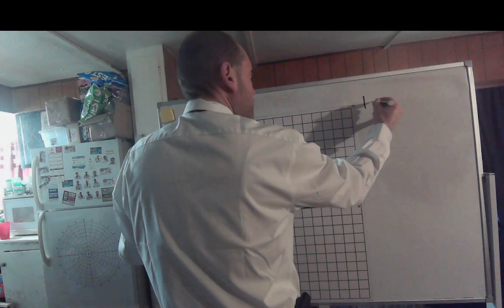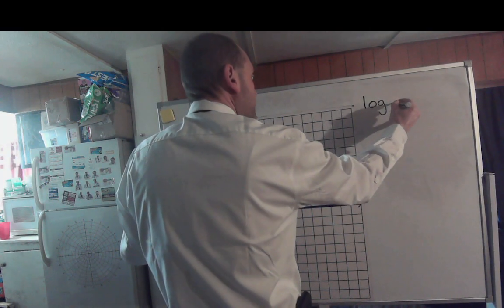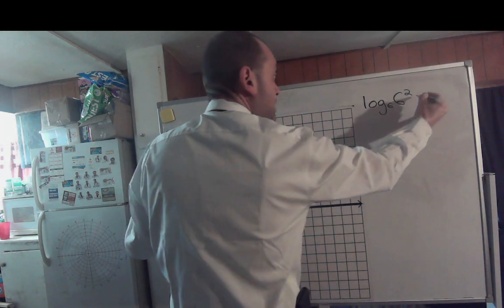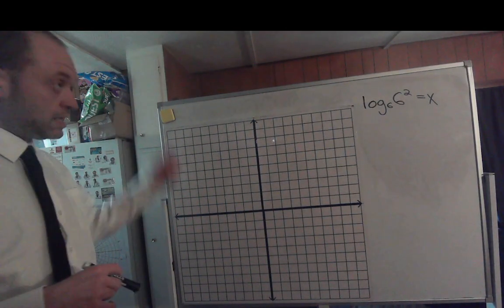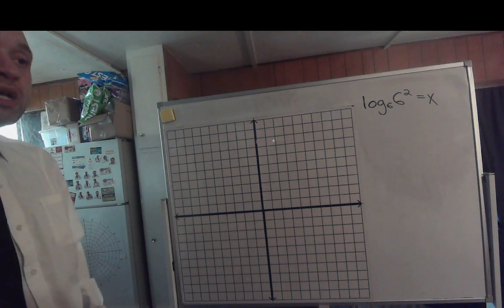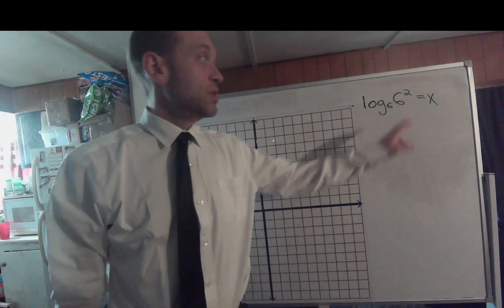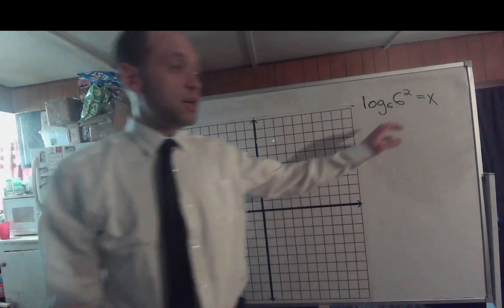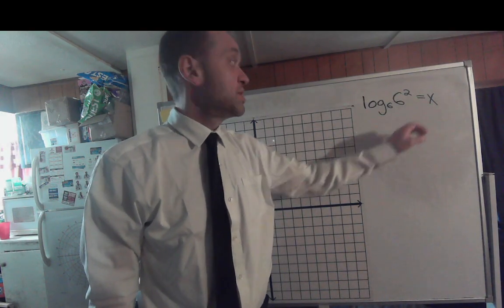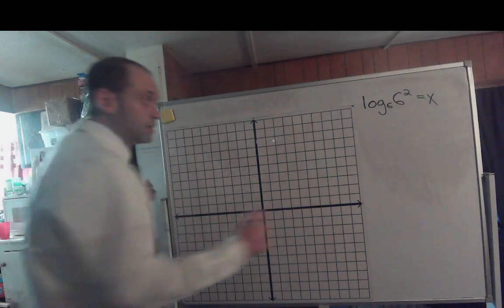Let's say we have log base 6 of 6 squared equals x. We want to solve for x. So how are we going to do that? Well, there's a really cool trick with logarithms. If you have a log of a number to a power, you can bring that power down front and multiply it by the logarithm.